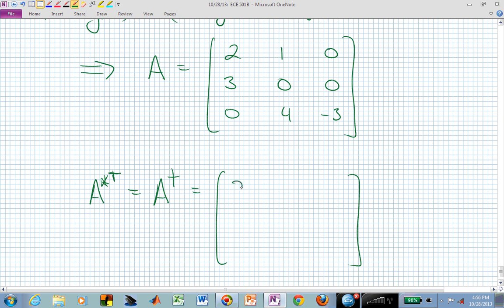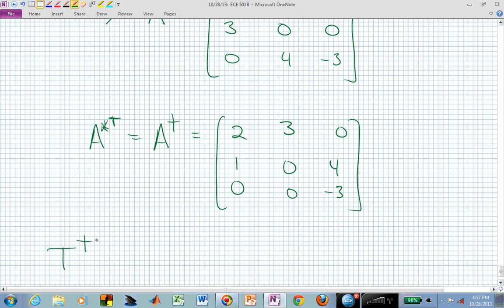So now I have 2, 1, 0, 3, 0. That's a pretty ugly 3. What's in the second row? And what about my third row? So now I can pretty easily, I hope, write down what this adjoint looks like for this linear map.